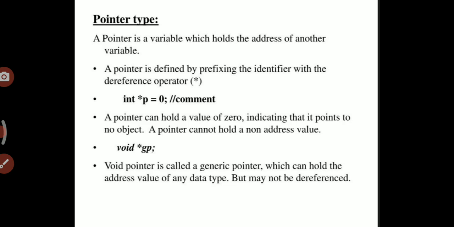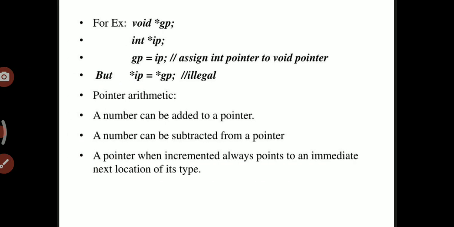A pointer cannot hold a non-address value. The void pointer is called a generic pointer, which can hold the address of any data type but may not be dereferenced. For example, assign an integer pointer to a void pointer.